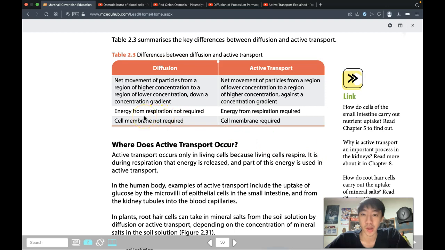For diffusion, energy from respiration is not required. For active transport, energy from respiration is required. For diffusion, a cell membrane is not required, whereas for active transport, a cell membrane is required. Okay, and why is the cell membrane required? Because like I said just now, there are certain transport proteins found inside the cell membrane.